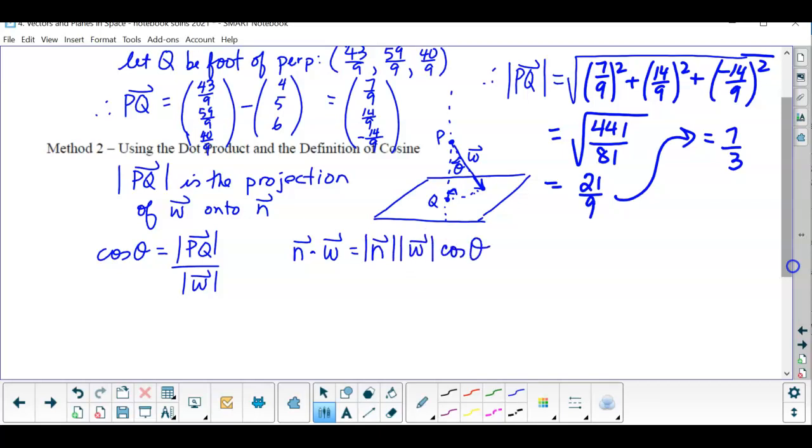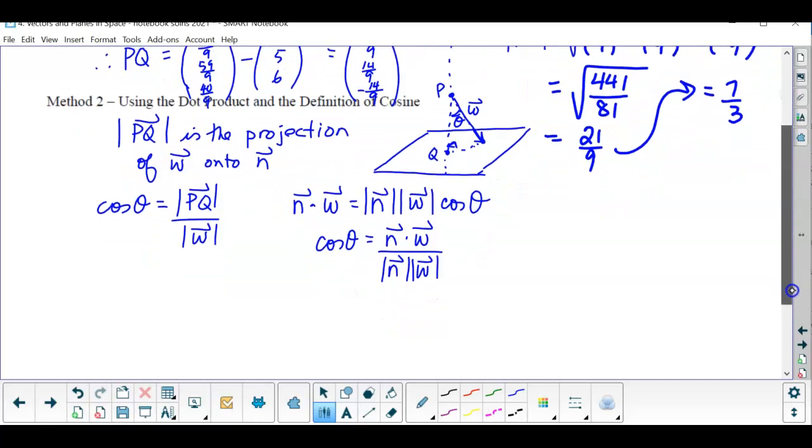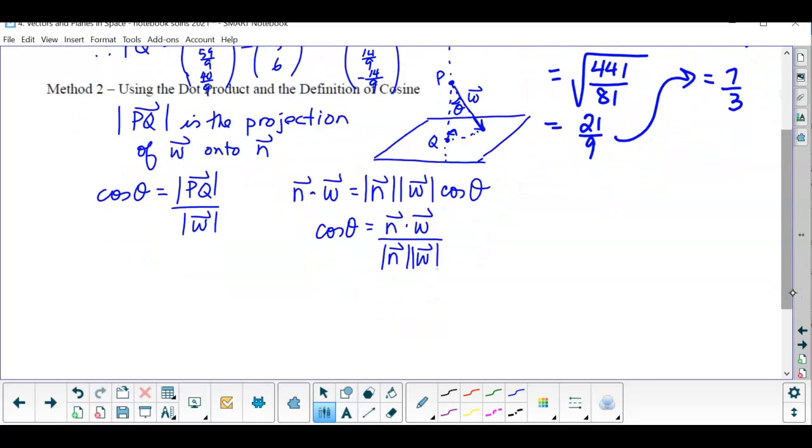Okay. So let's solve for cosine theta, and then we don't have to worry about what the angle in between is. Just like how you would calculate the angle between any vectors. So therefore, these are equal.